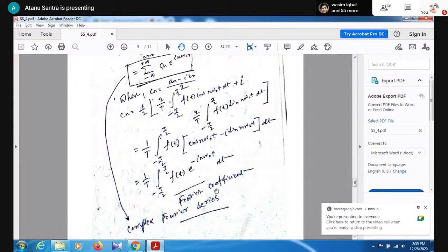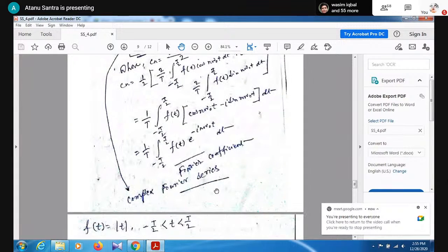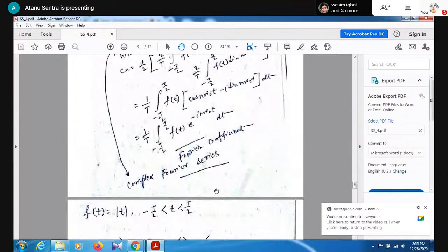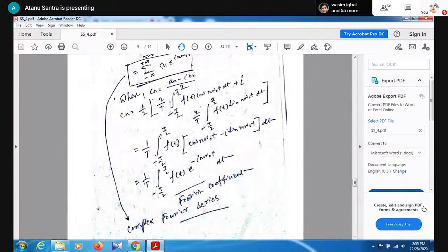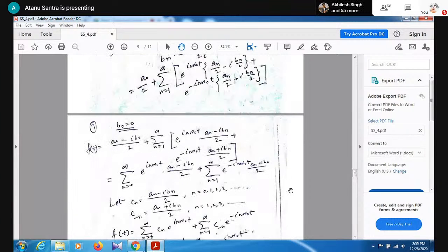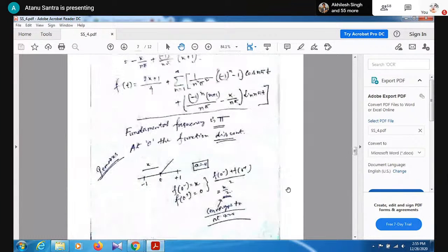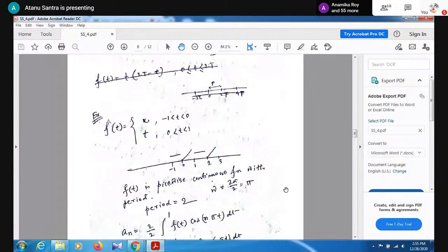So this is all for today's class. Let me summarize. In this class, first we talked about a typical example where our function value f(t) is equal to k for minus 1 less than t less than 0, and is equal to t when 0 is less than t less than 1.